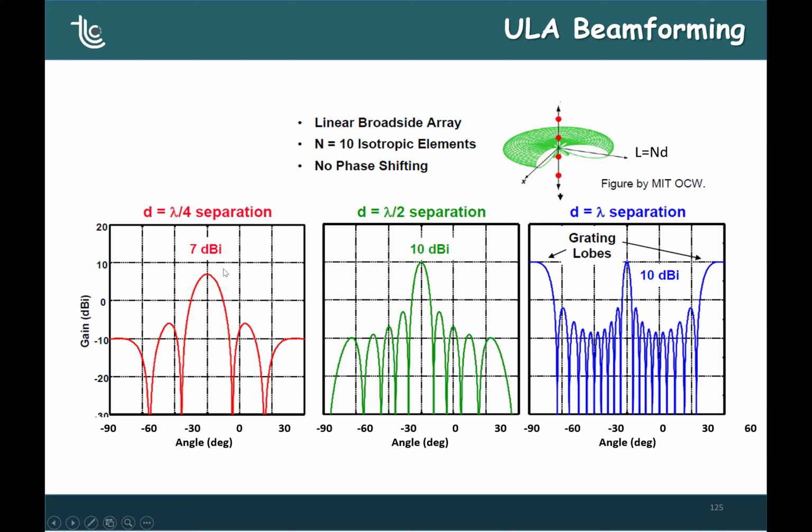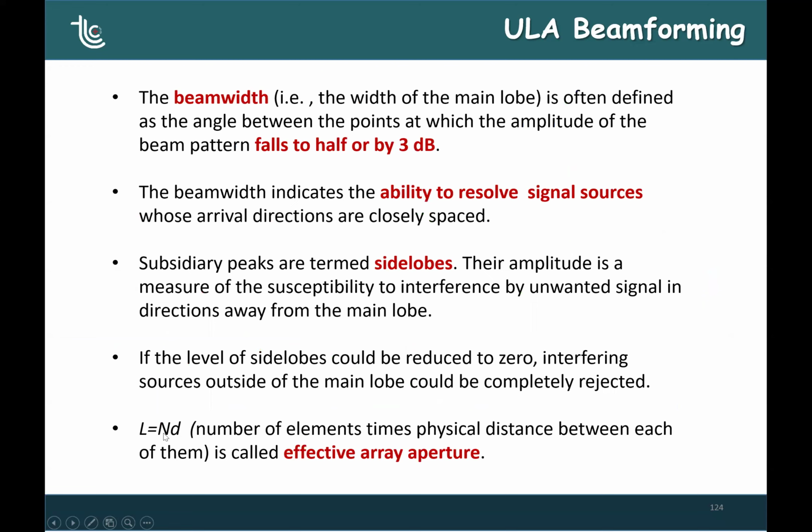The number of elements is 10. It seems that going from lambda over 4 to lambda over 2, we are increasing the gain, so the height of the main beam. We go from 6 dB to 10 dB. This is because the gain depends on L, the effective array aperture.